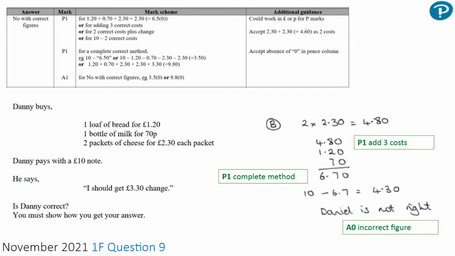So this is where the C1 mark comes from. It was essentially brought in to assess their written communication. So we do try to say to them, what's your answer then? Is he right or is he wrong? So I will always say, internal, external, write a sentence. Let's train them to do it properly.